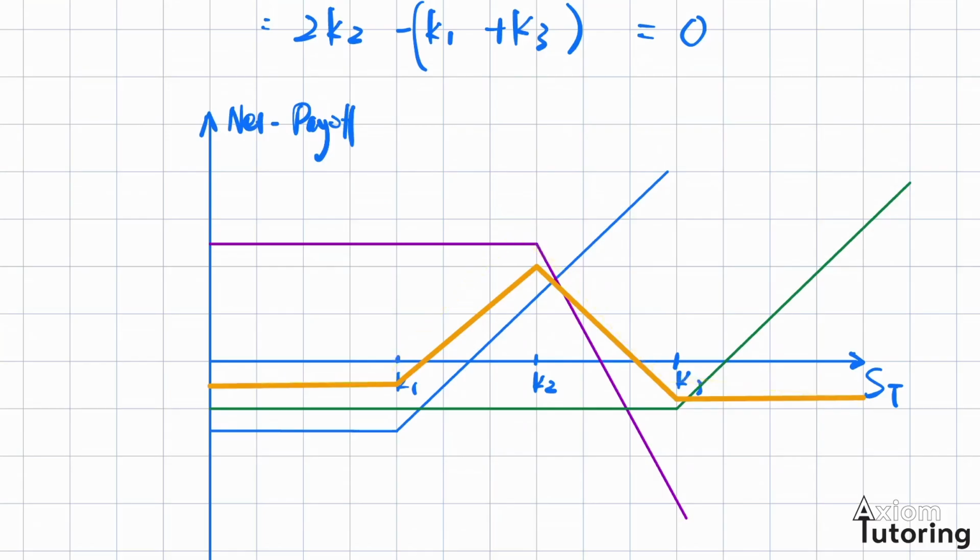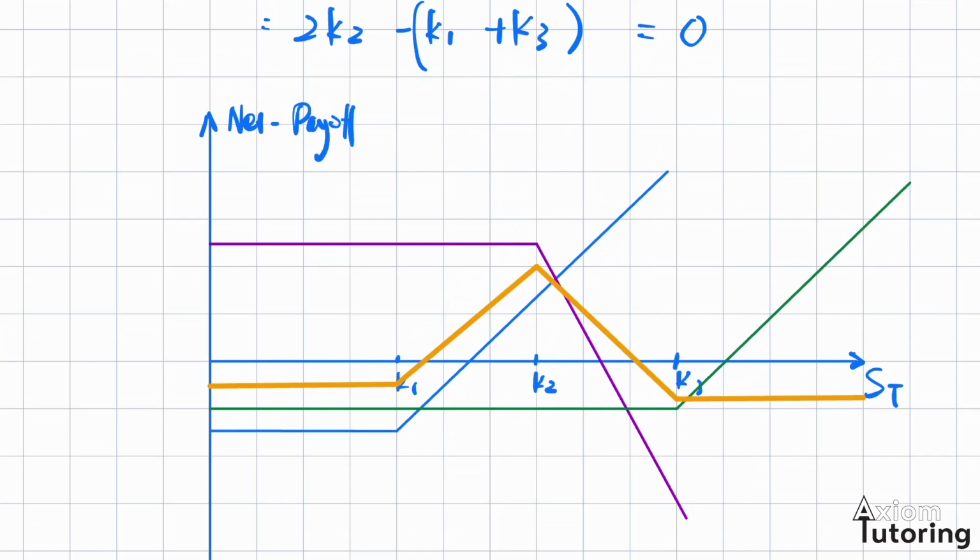So the orange line here is the actual payoff in total, and this is how we construct a butterfly spread. As we can see, why do we need a butterfly spread as opposed to a straddle? This is kind of the opposite of a straddle. We're basically betting on stability.